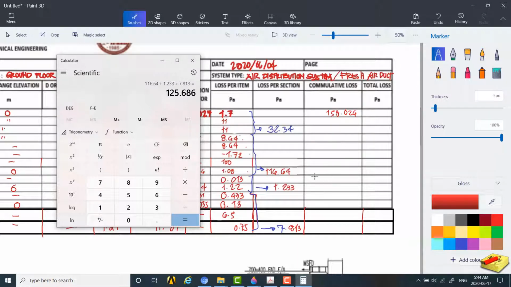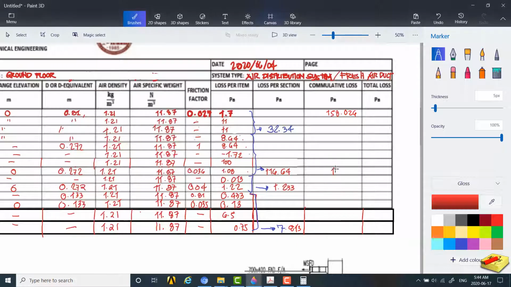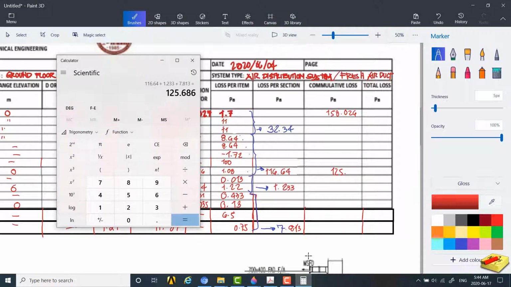So it will be starting from here. We have the value of 125 here, 125.686.